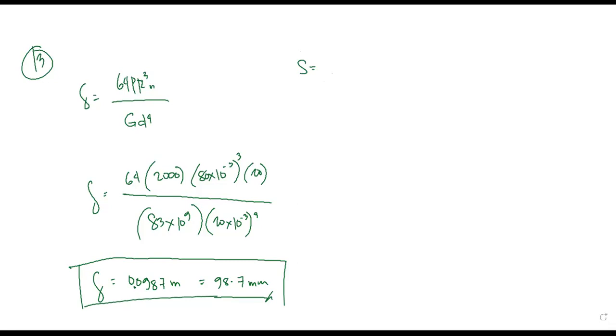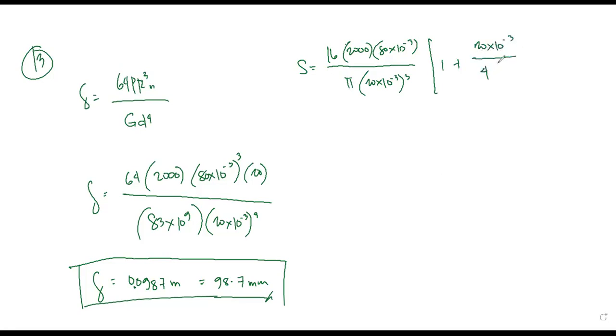So this is 16 PR divided by pi times 20 mm cubed, multiplied by 1 plus D over 4R.